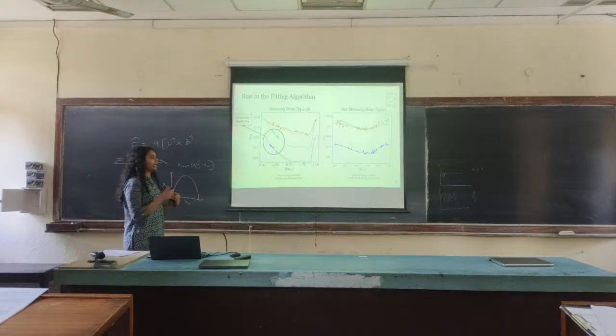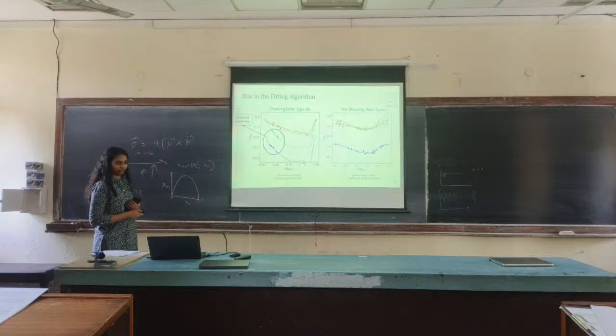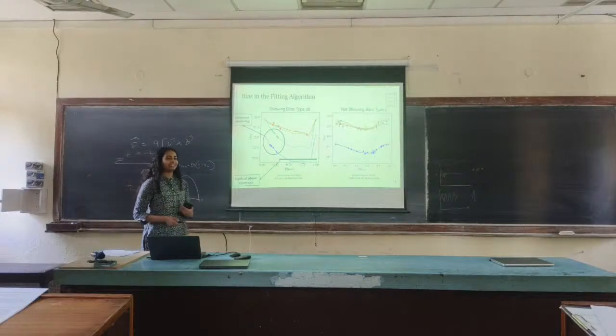We were working with type AB and type C stars. In type AB stars, we noticed that the phases were clustered between 0 and 0.25, and there was a lack of phase coverage beyond that, especially in these two bands here. So we realized that the algorithm had a bias.